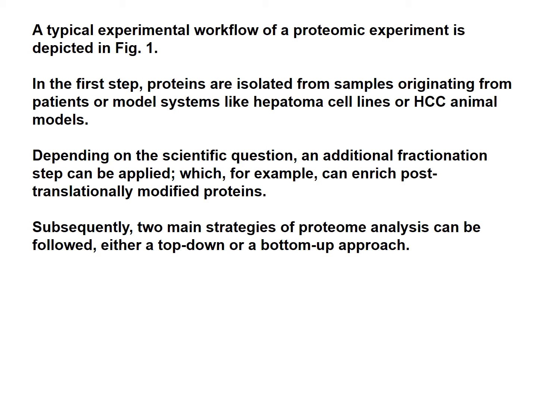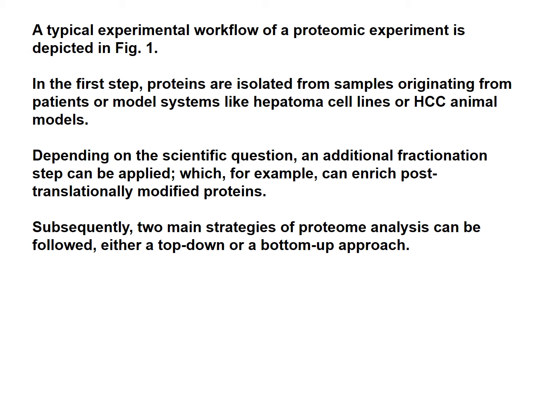So you should know by now that, starting out, proteins have to be isolated from some sample. That could be from the patients, from the model systems, from the cell lines, from the animal models. That means those are mice or whatnot that actually have the disease.